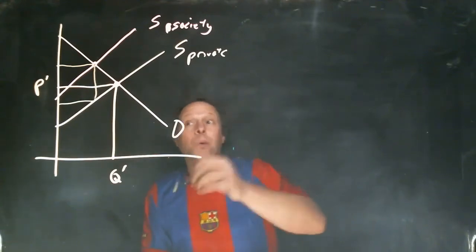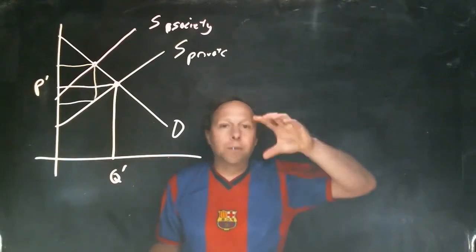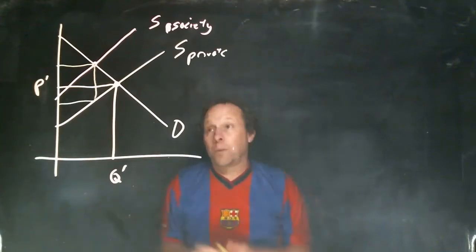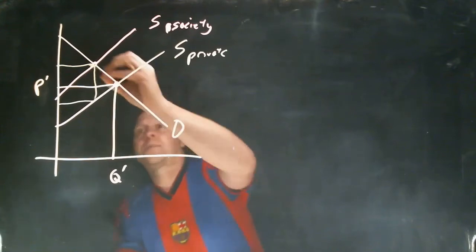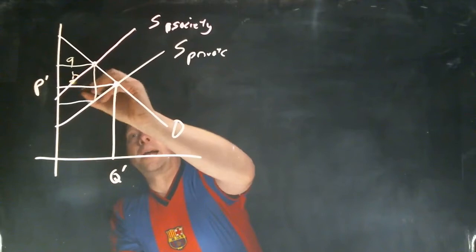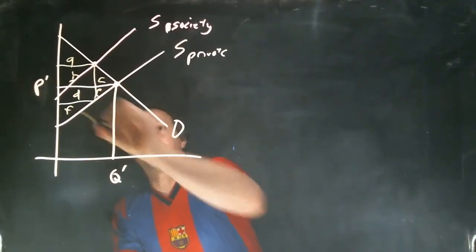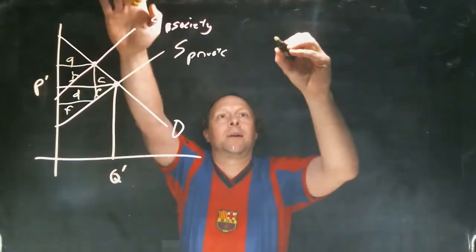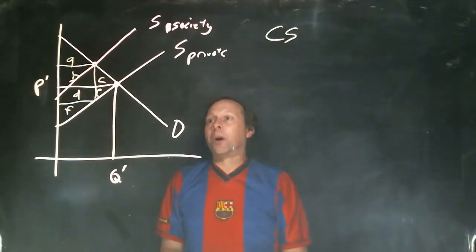And what we want to do is put a tax just big enough to cover the entire social cost on top of what private buyers have. So let's take a look at what this looks like. So in this situation here, we have A, and B is going to be that whole area, C, D, E, and F. So normally in this world, we would have consumer surplus before and after, right?